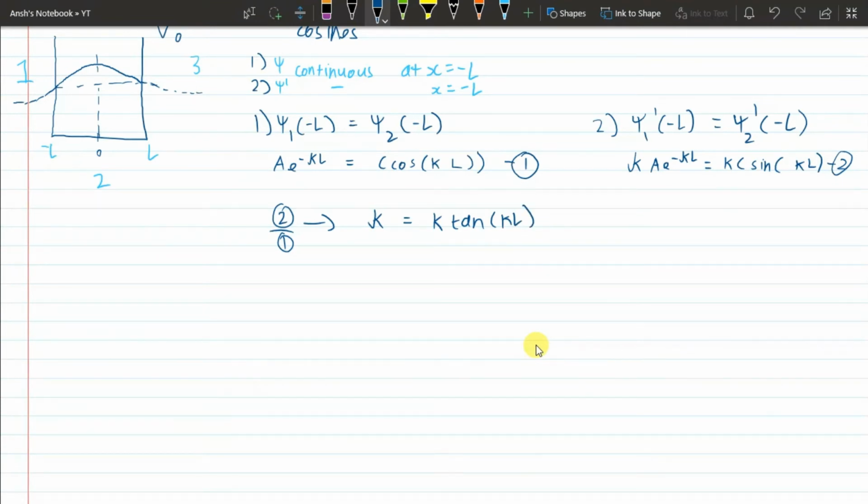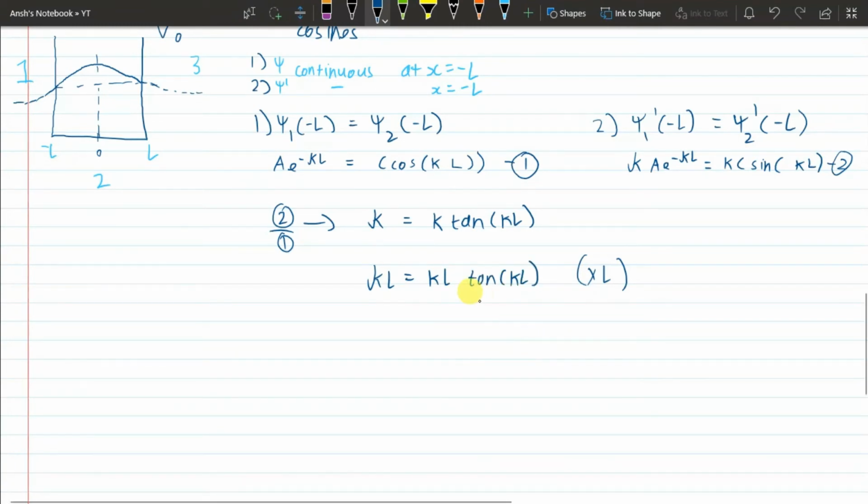Now we'll multiply by L on both sides of the equation, L being the length of the potential well. So kappa L equals kL tan kL.